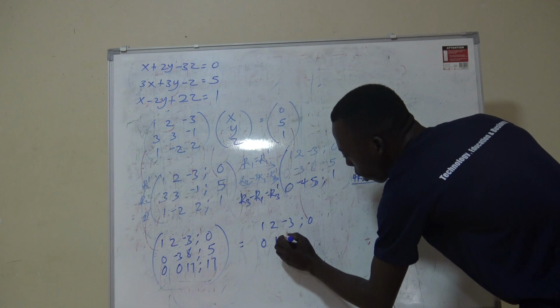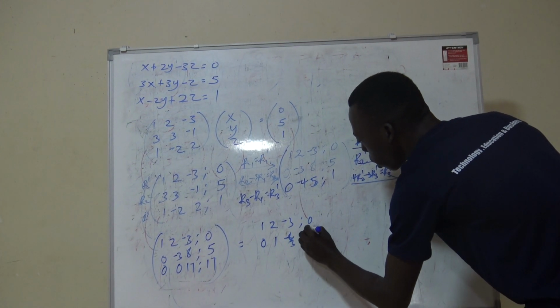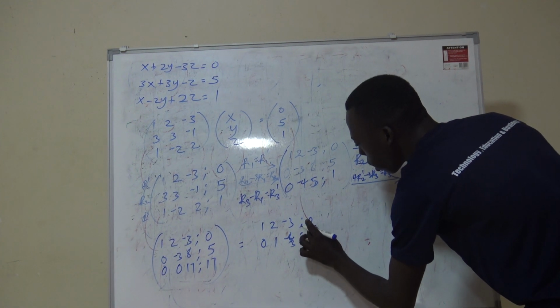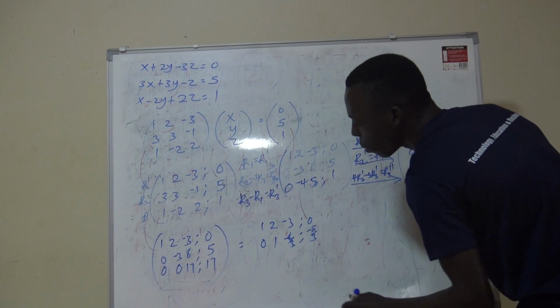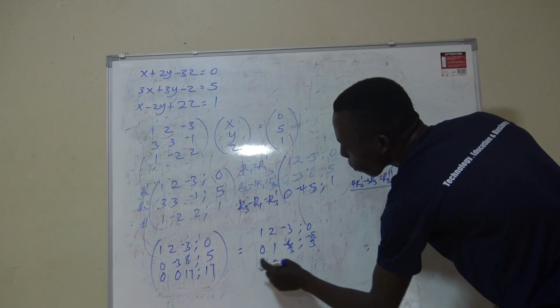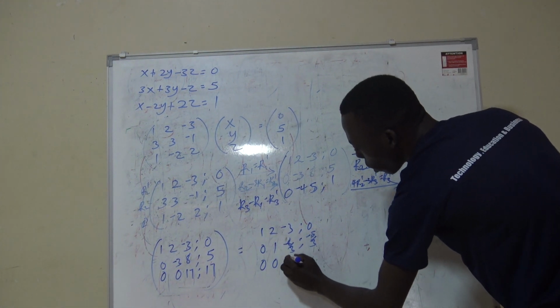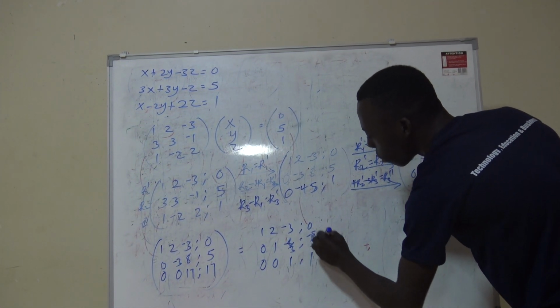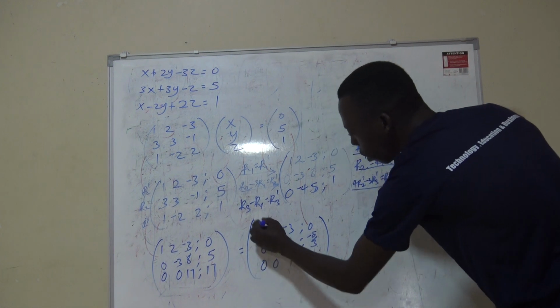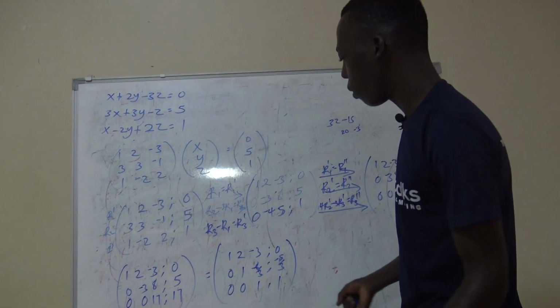Then here, negative 8 out of 3. Then here it becomes negative 5 out of 3. So when we come this side, it is 0, 0. So here we divide by 17, get 1, and here also get 1. So we are following the rule which we said.